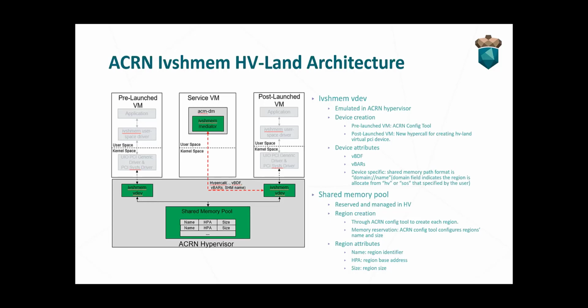But if the IVSHMEM virtual device is emulated in the hypervisor, the device model must use a hypercall to convey this information, which means the virtual BDF and the virtual BAR address, to the hypervisor.